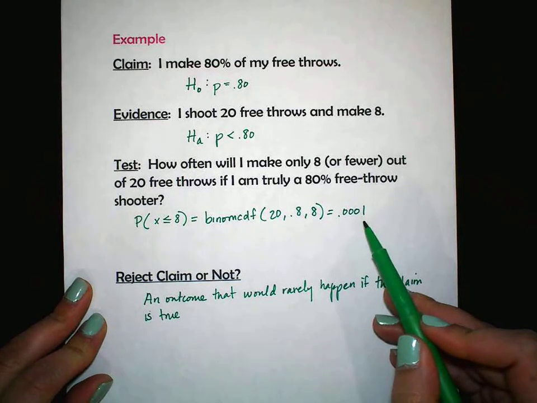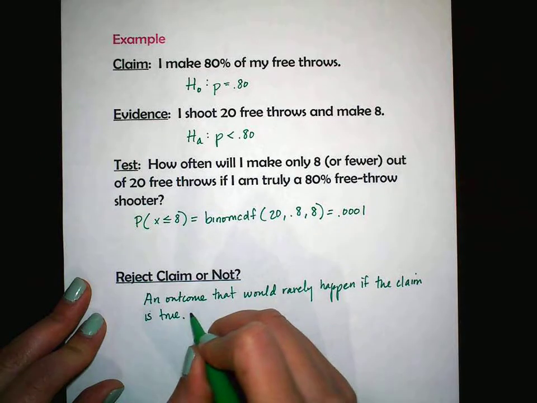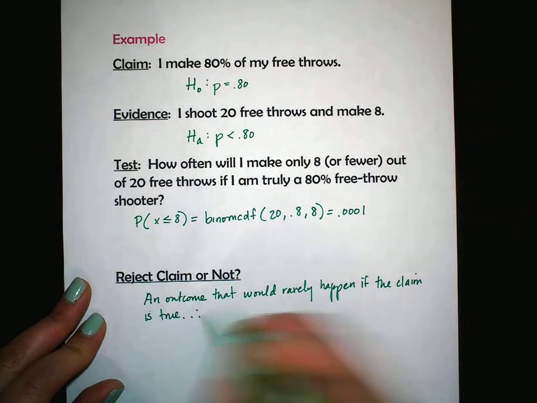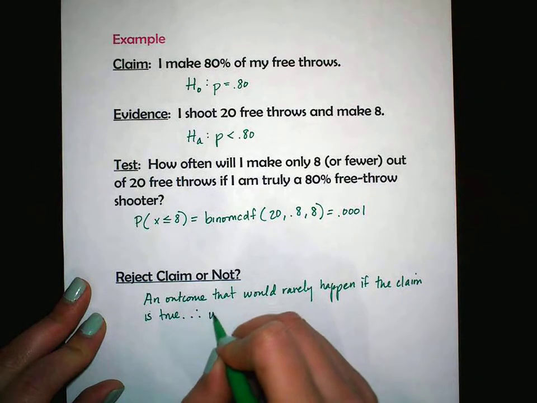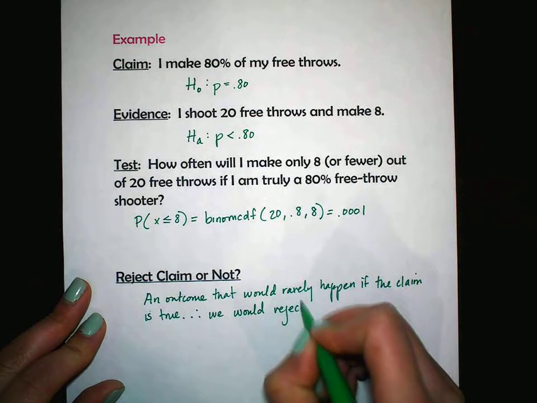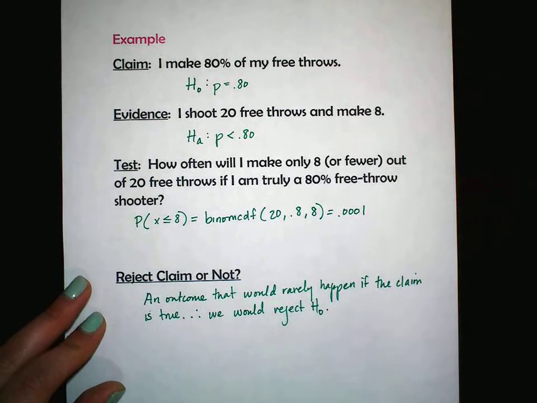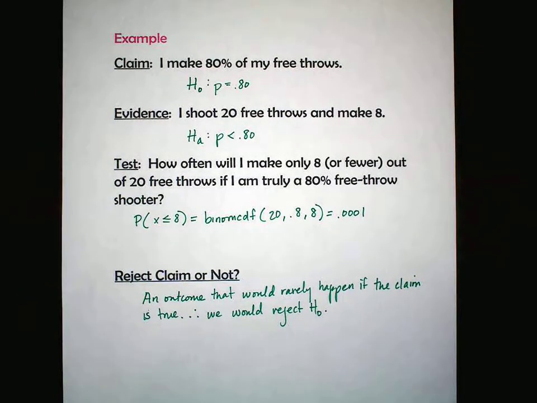Alright, because it has a probability of 0.0001. Therefore, we would reject the claim. Alright, so this is not going through all the steps that we have to go through for our AP exam, but it's just an intro to what you'll see for the rest of Chapter 9.